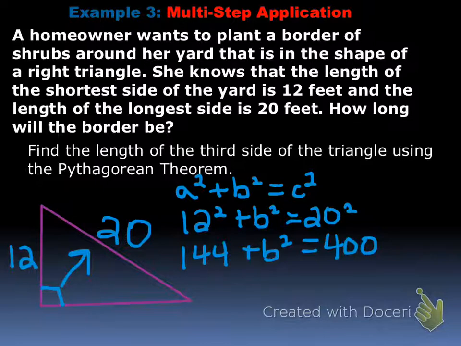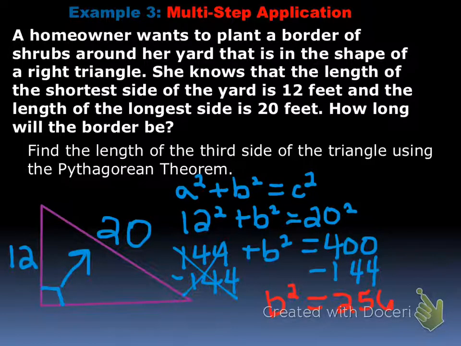Now, to solve this, we're going to subtract 144 from both sides. When we do that, those cancel out. I'm going to be left with b squared over here, and 400 minus 144 is 256.